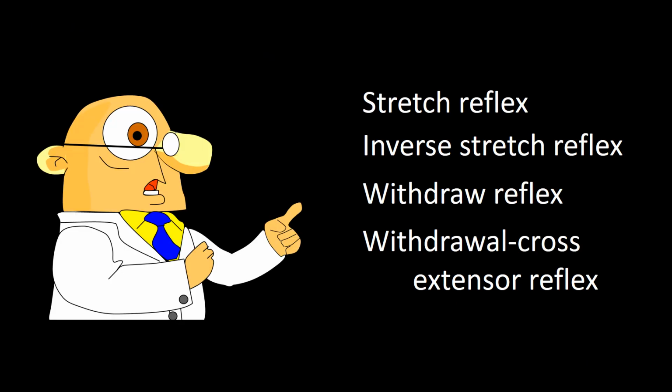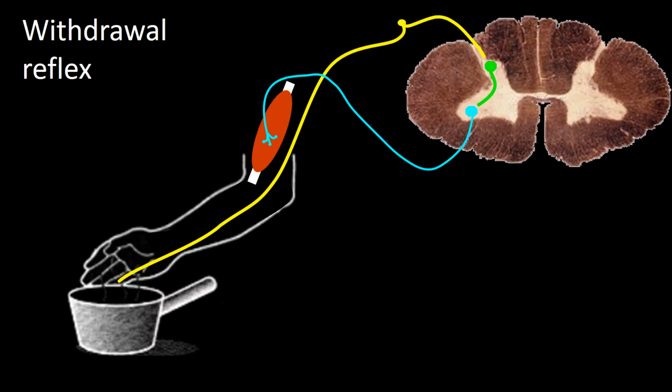Now we will talk about the withdrawal reflex. The withdrawal reflex consists of removing the limb from a painful stimulus. In this example, the perception of heat is transmitted to the dorsal root ganglion cell, whose proximal axon synapses with an excitatory interneuron in the dorsal horn.